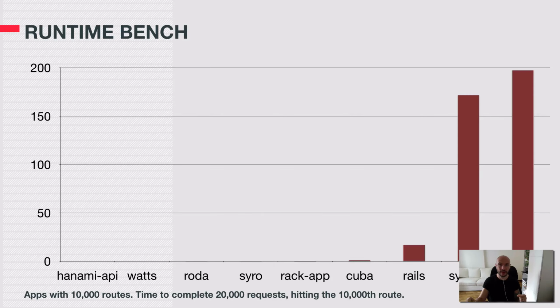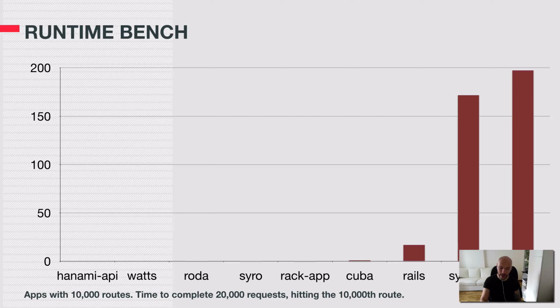All of those requests will hit the last route, to measure the worst case scenario, right? And here there is no error in this slide. The problem with this slide is that Rails completes this in 17 seconds and Sinatra in 197 seconds, so they are outscaling the rest of it.